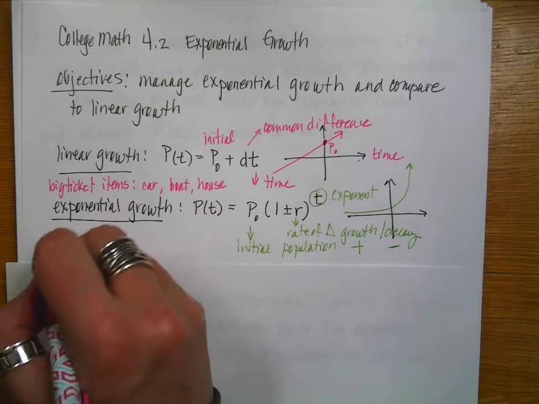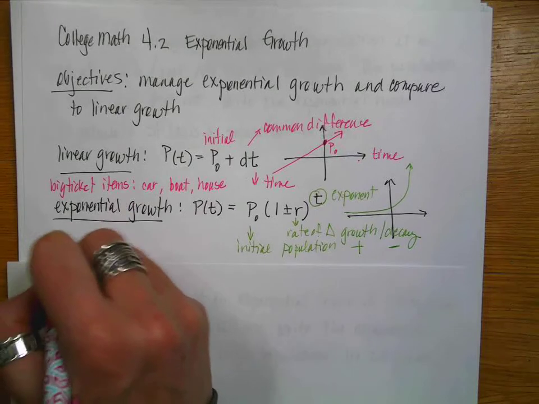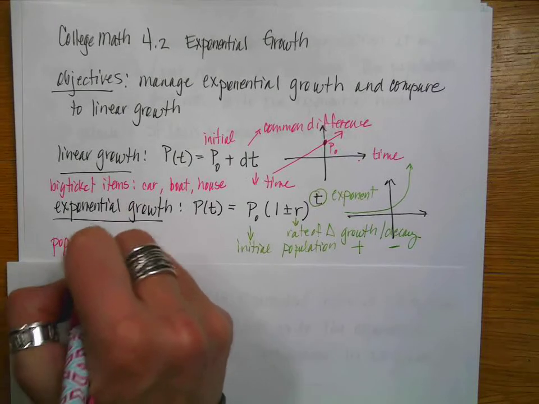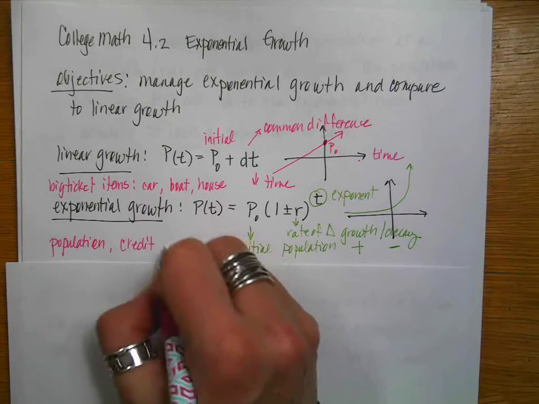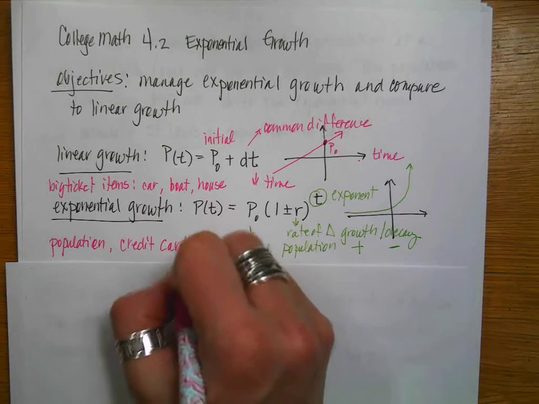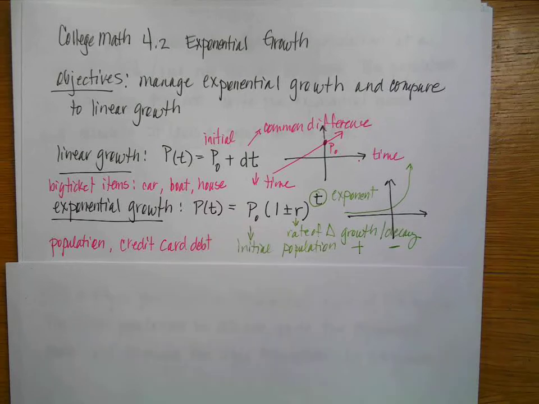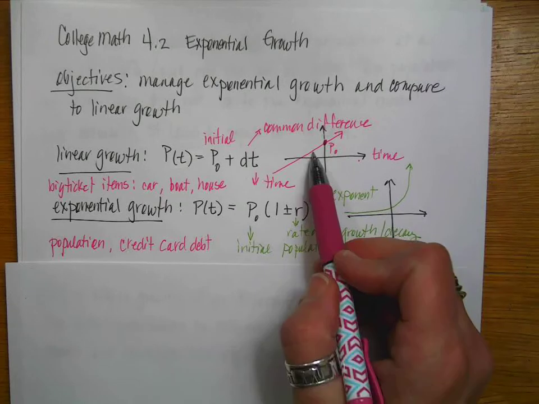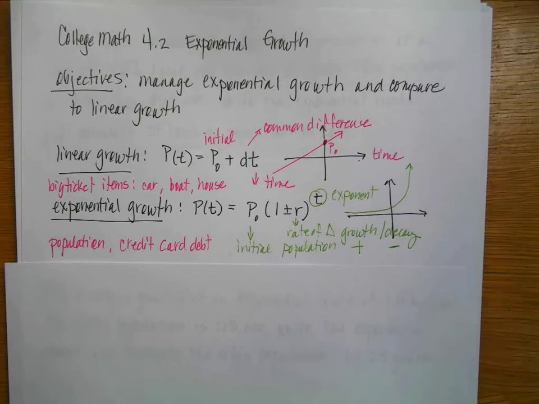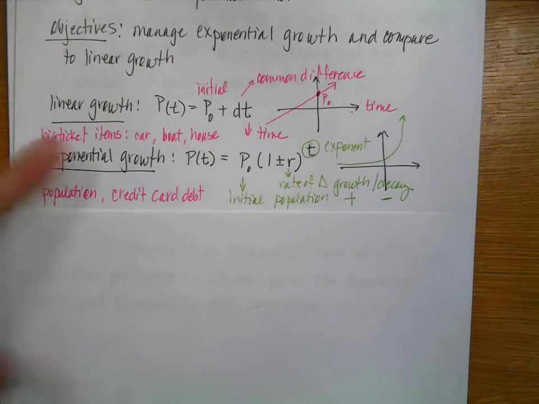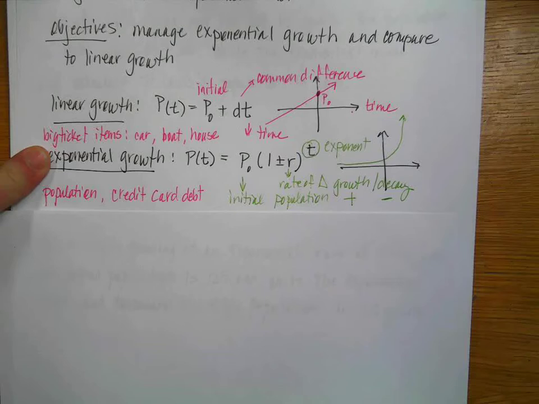Exponential growth could model a population. So can linear growth, because we did those yesterday. But the big thing that we think about when we think about exponential growth is credit card debt, because your debt grows exponentially fast. And so those are kind of the differences between the two graphs. You can see that this one is growing very slow, and this one is growing very fast. Okay? So now we're going to start with an example.